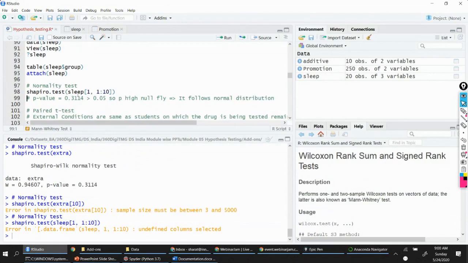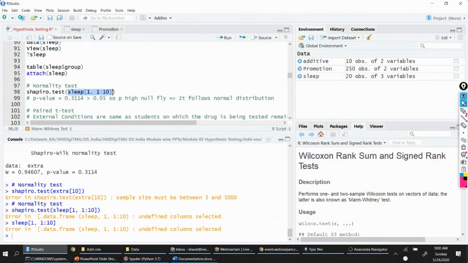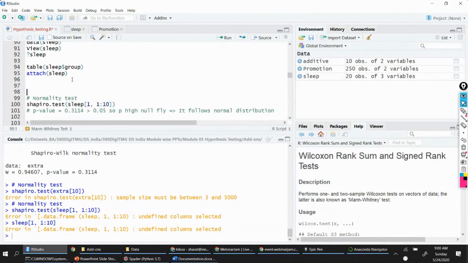Why is this? One second. It's a data frame. Sleep, one column.